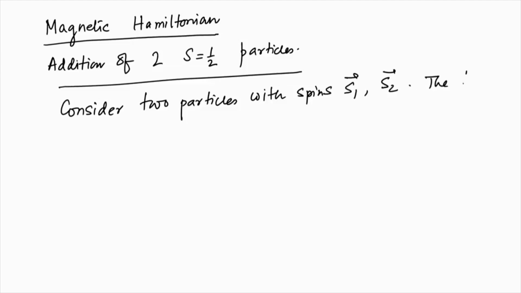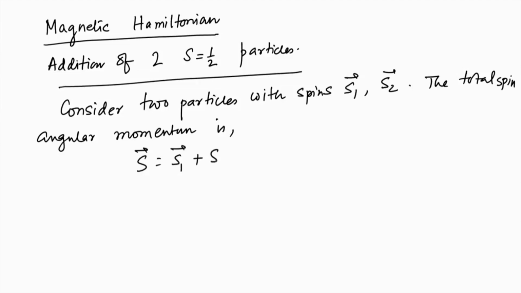The total angular momentum, what I mean by that is the total spin angular momentum, is S equal to S1 plus S2, where S1 and S2 are the spin vectors for the two particles that we are considering. Just to remind you, both are spin half.